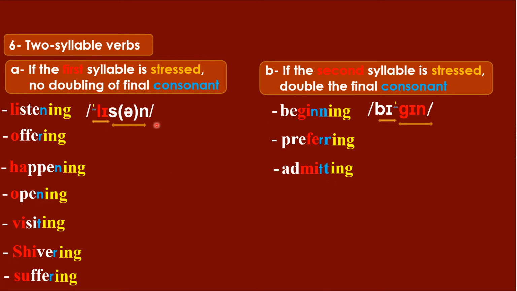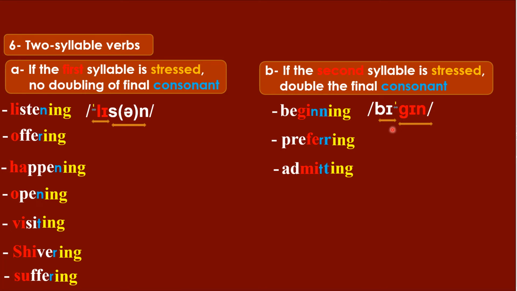And by the way, this is the most problematic area when it comes to adding ing to verbs. I tried my best to introduce all the verbs I could find, especially those with the stress on the second syllable.